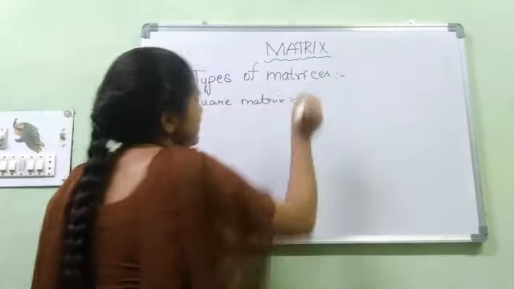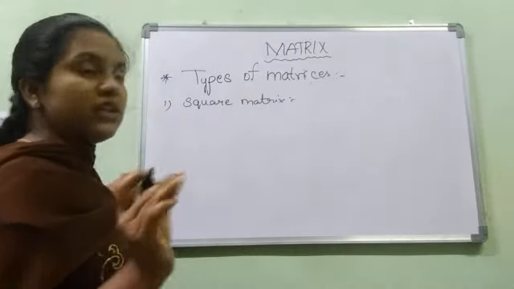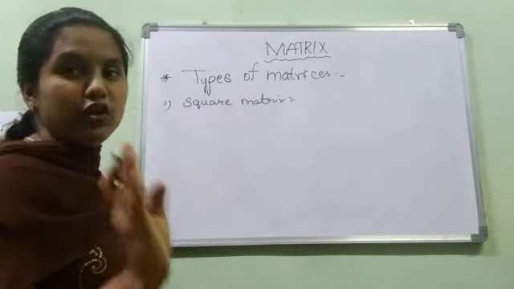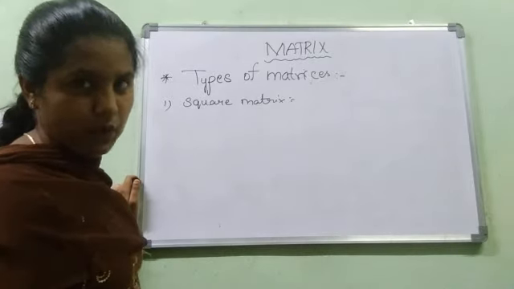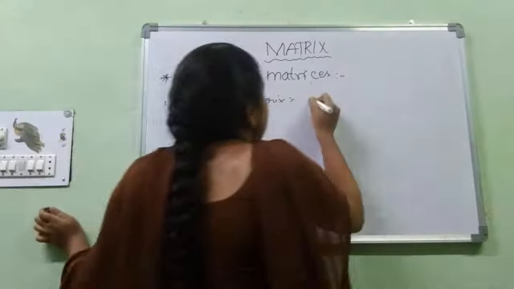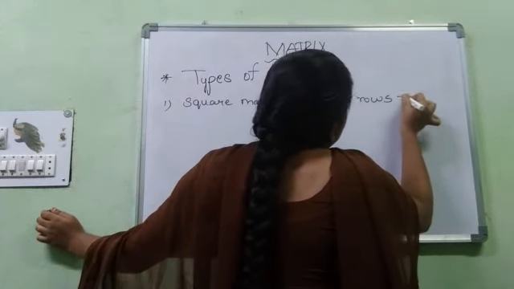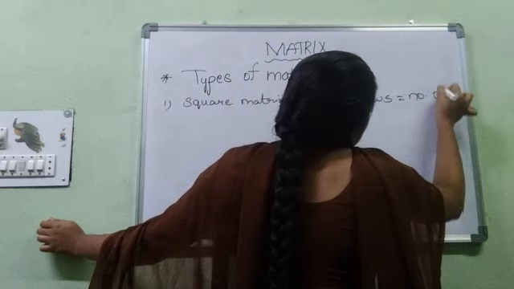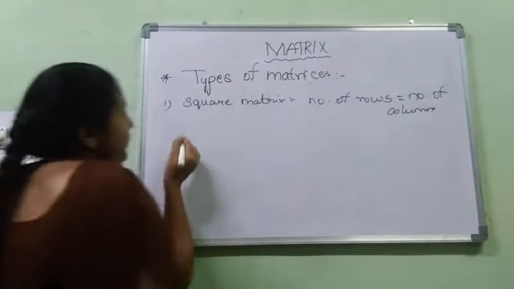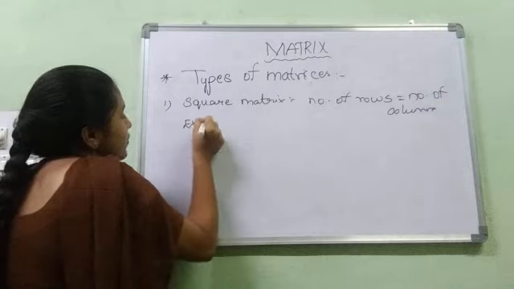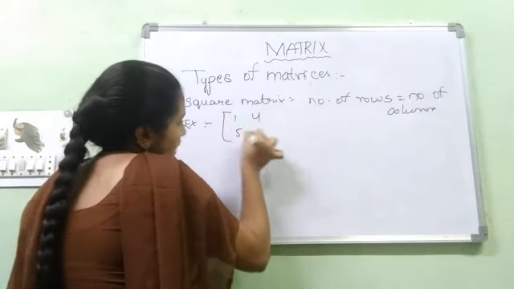What is a square matrix? A square matrix is one where the number of rows is equal to the number of columns. For example, we can take a new example: 1, 4, 5, 2.